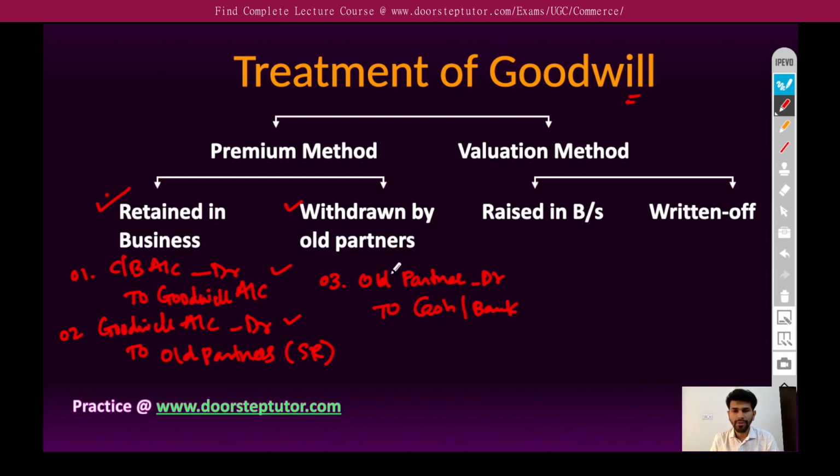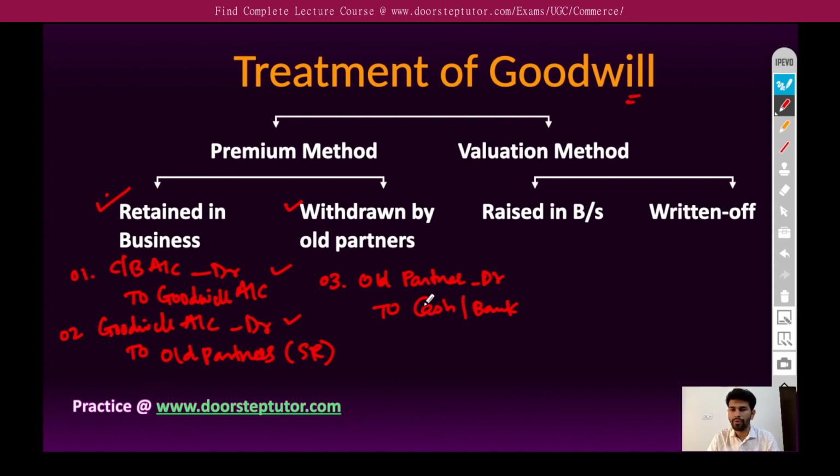So debit the receiver; old partners are the receivers of cash. So old partners capital or current account will be debited to cash account because cash is going out.